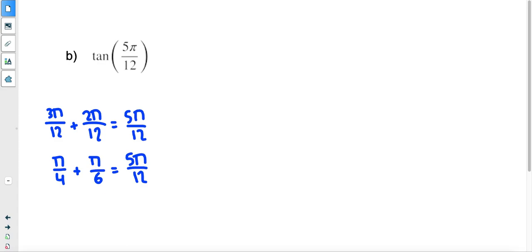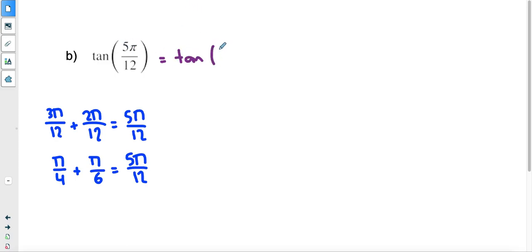So now we can use our compound angle formula for tan to figure out what this is. Let me write down the angles first.